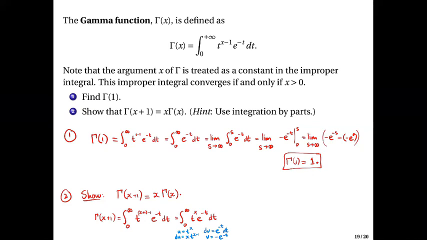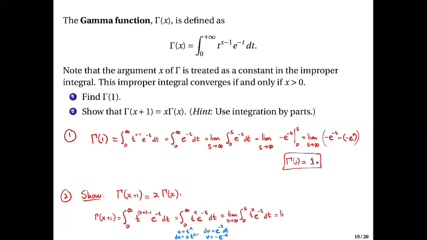Okay? So first, improper integral. So limit as s approaches plus infinity, integral from 0 to s of t to the x e to the minus t dt.